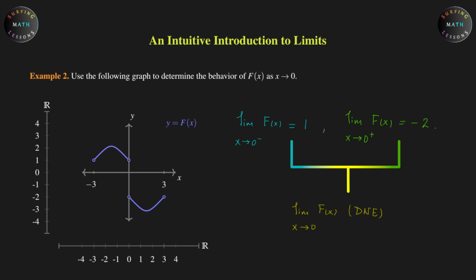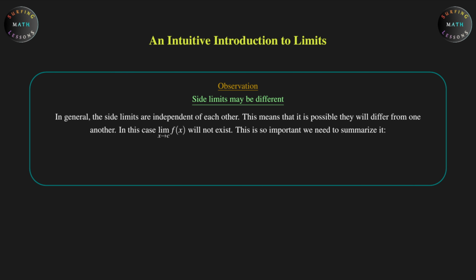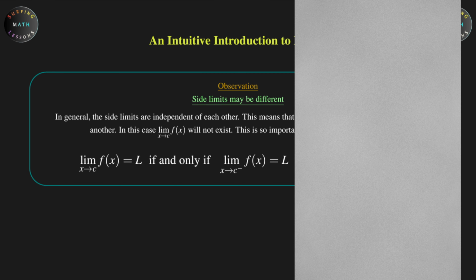We can generalize this example's conclusion into the following tool. The limit of f of x as x approaches c is L if and only if both side limits are equal to L. Let us demonstrate the new notation and the above tool in the following examples.